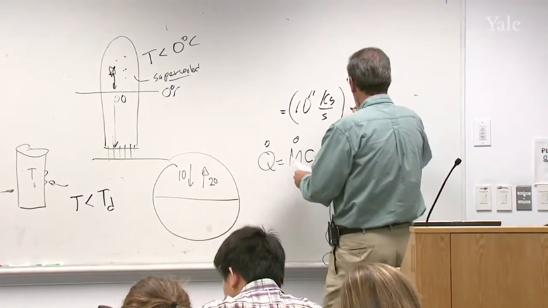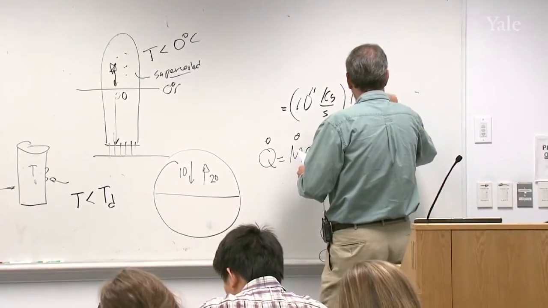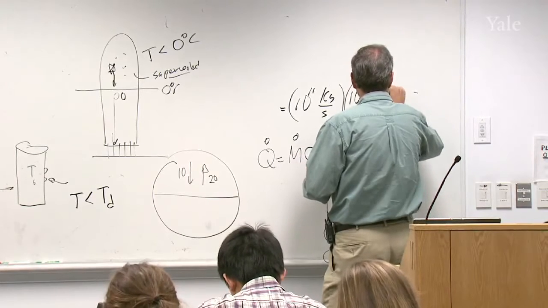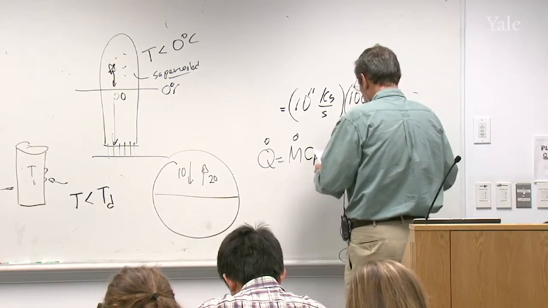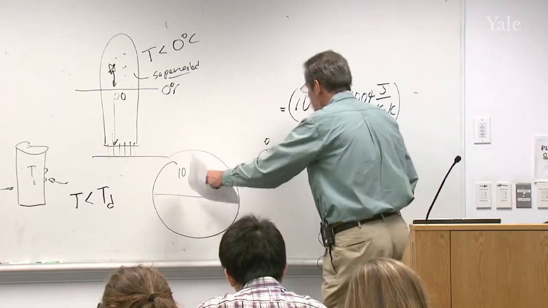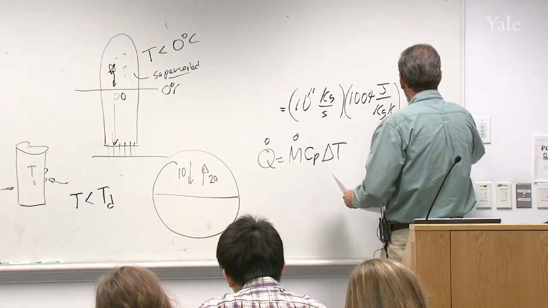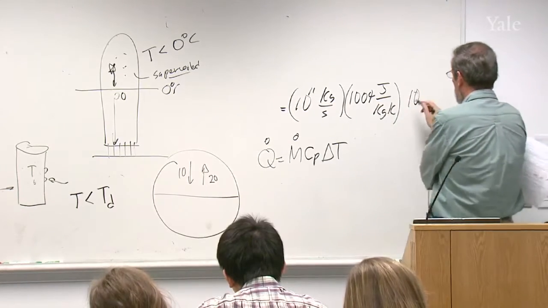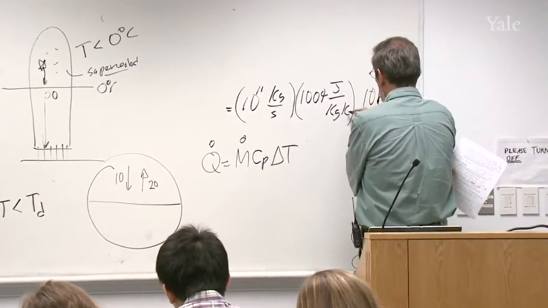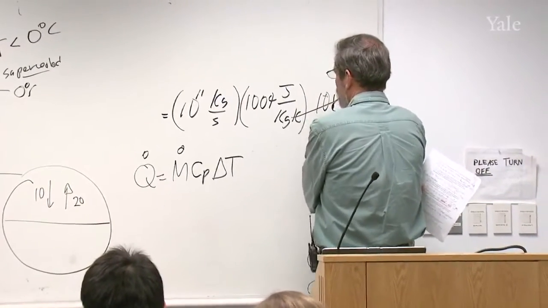The heat capacity of air is 1,004, and that has units of joules per kilogram per degree Kelvin. And then the temperature difference between the two streams, the delta T, was 10 degrees. And look how the units are going to work there. This is going to be in Kelvin or Celsius. In either case, it'll cancel.